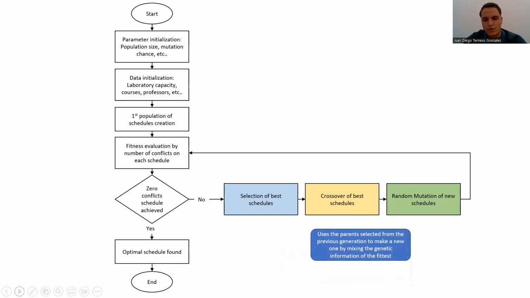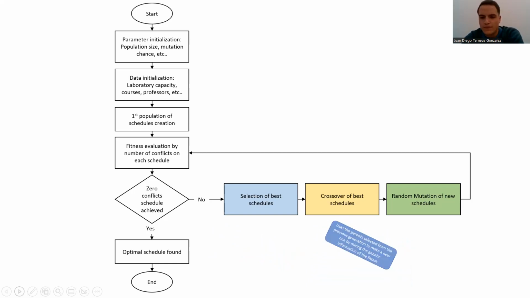Then we have the crossover. The crossover operator uses the parents selected from the previous generations to make a new one by mixing the genetic information of the fittest, generating populations with better fitness parameters. The information taken from the parents can be defined by many techniques and parameters.